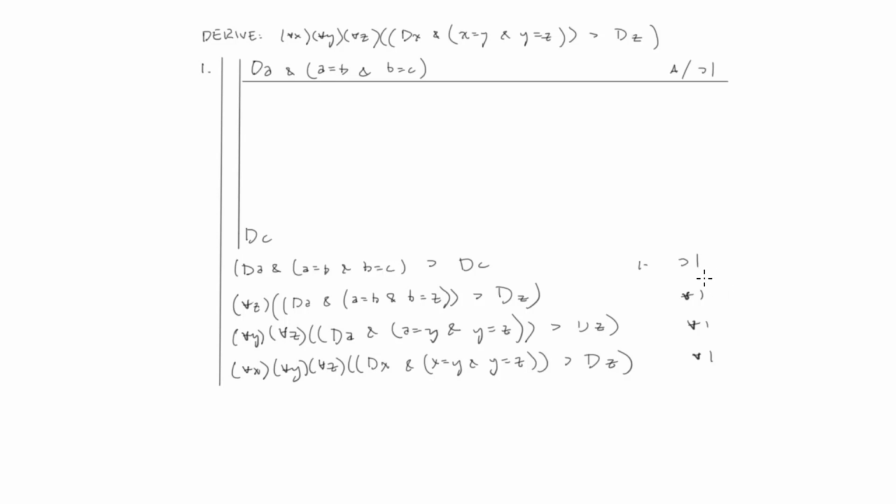A conditional introduction, so we'll start a subderivation on line 1. We have the antecedent of the conditional as our auxiliary assumption, and we have the consequent of the conditional as the last line of the proof. Once again, I'll just point out the annotation up here. Conditional introduction is a subderivation rule.